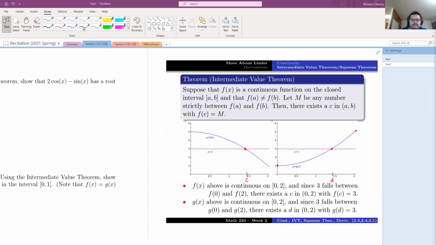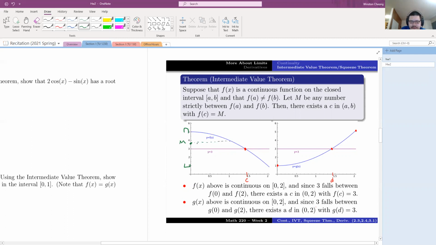So maybe to illustrate this, I'll draw on top of here. Say that you wanted M to be this value, because you're basically allowed to choose any number from 1 to 5. As long as the function satisfies IVT, meaning that it's continuous, and we need it to be continuous for this to hold, then we can guarantee that there is some input that we can give to the function.